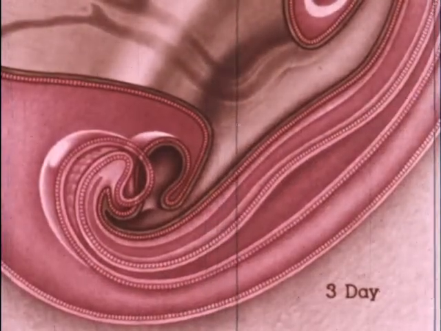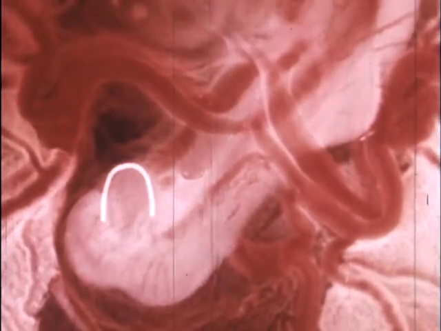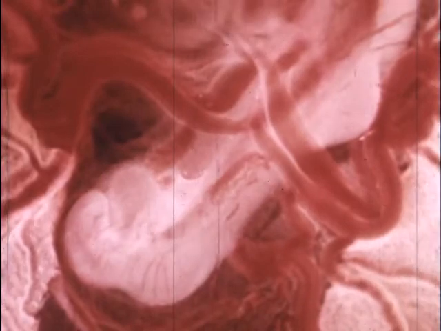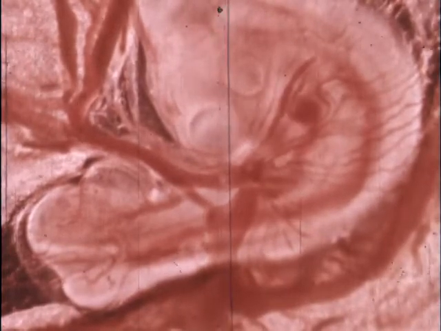The enlargement of the allantois can be observed in living specimens at various stages of incubation. At first, the allantoic sac is quite small. The sac enlarges, and in this later stage is more easily seen.